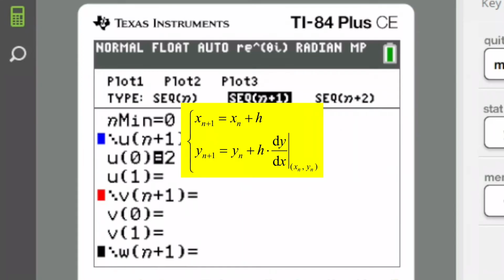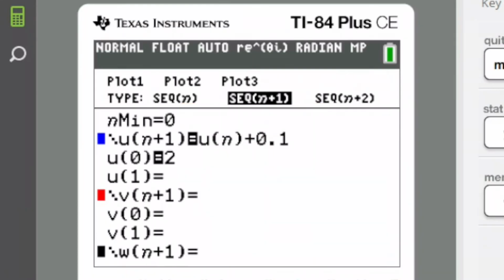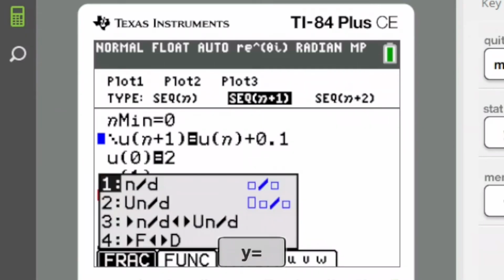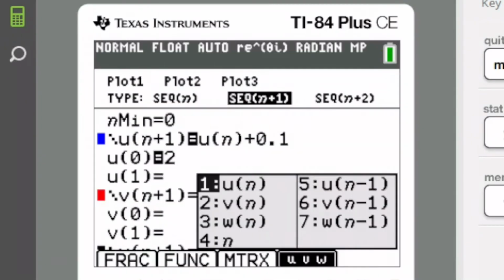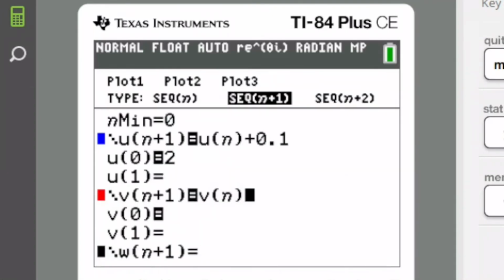Which means on the right hand side, the notation should be in terms of un and vn. Then we will input vn for the first term, so we press the alpha button again, and then y equals, and then go to the last menu, and then this time we choose option 2. And then plus 0.1.